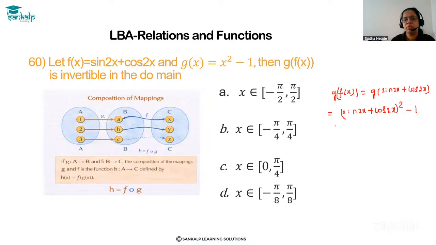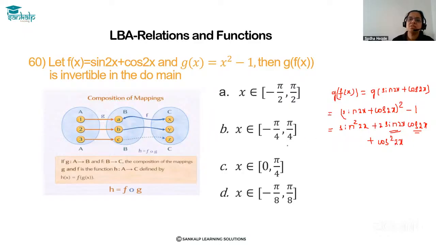Now use a plus b whole square formula. What is a plus b whole square? It is a square plus 2ab plus b square. So in place of a you have sine 2x, in place of b you have cos 2x. So it is sine square 2x plus 2 times sine 2x cos 2x, this is a, this is b, plus cos square 2x.